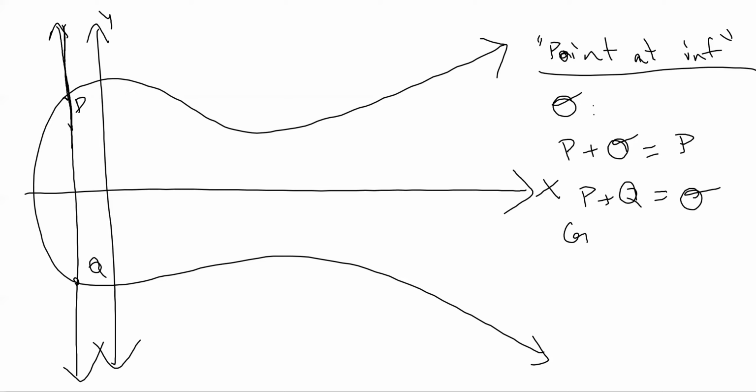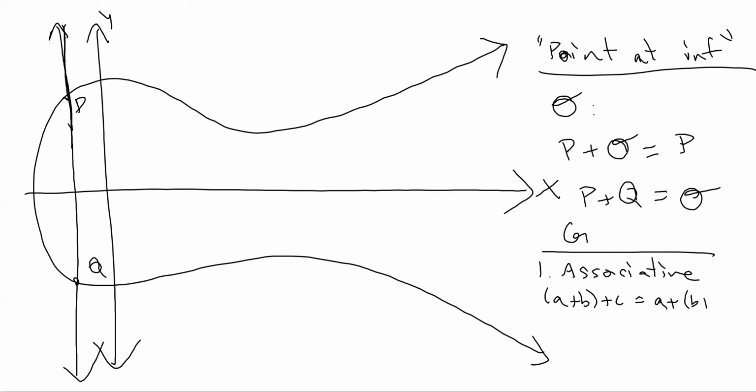Again, for a set G to be a group, it needs to have three properties. It needs to be associative, which means (A plus B) plus C equals A plus (B plus C). It needs to have an identity element, which means if you take a point in your set and add the identity element to it, you should get the original point back.